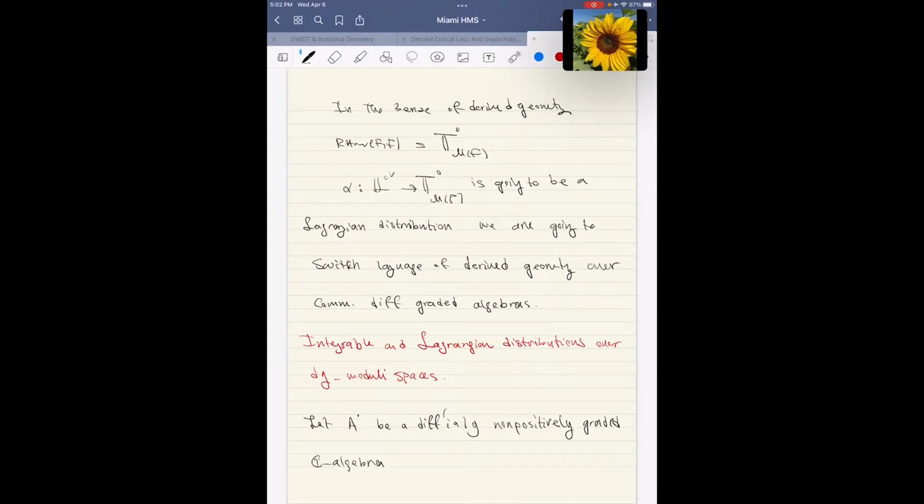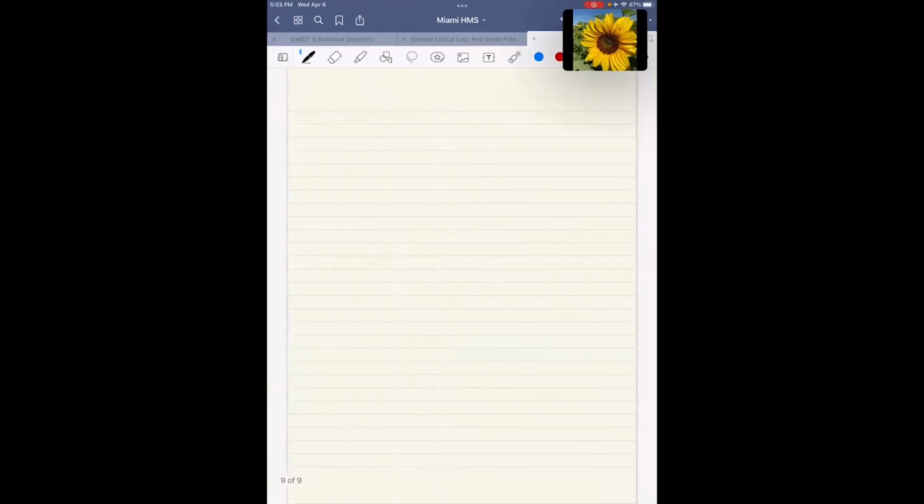So if we have that, then let Omega of A dot be the graded A dot module of Kähler differentials. So what does this mean? Your A dot is not a commutative algebra anymore.